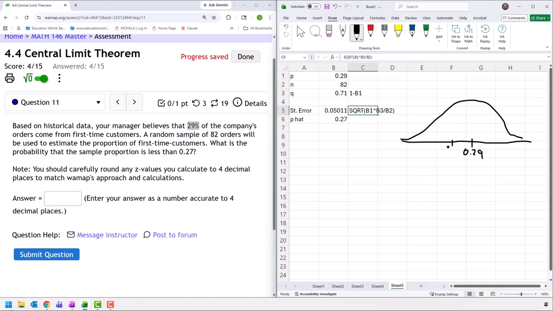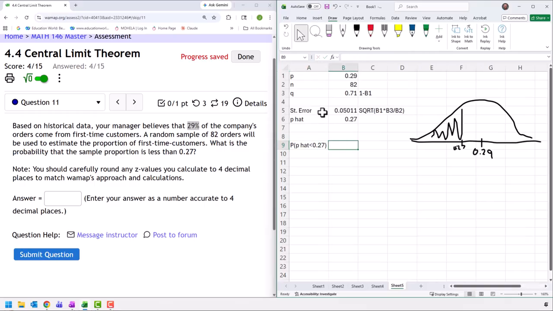So I'm going to just put 0.27 over here, I think I keep saying it wrong. We're looking for the probability in here. So we're using the probability here that our p-hat, or our sample here, is less than 0.27. We're using a normal distribution. So proportions are normal.